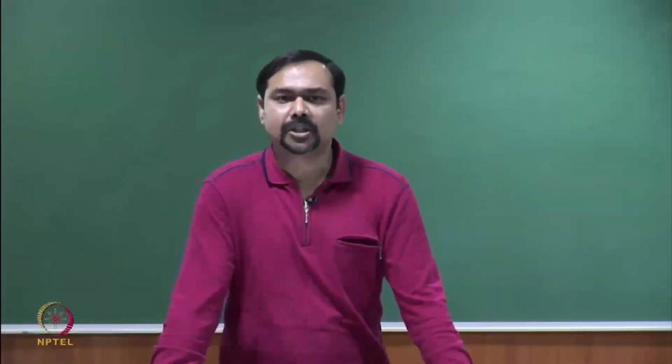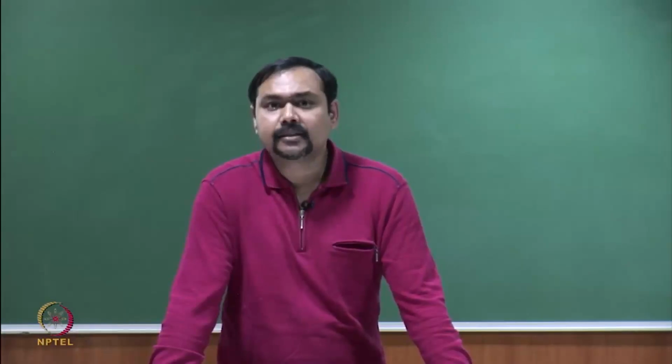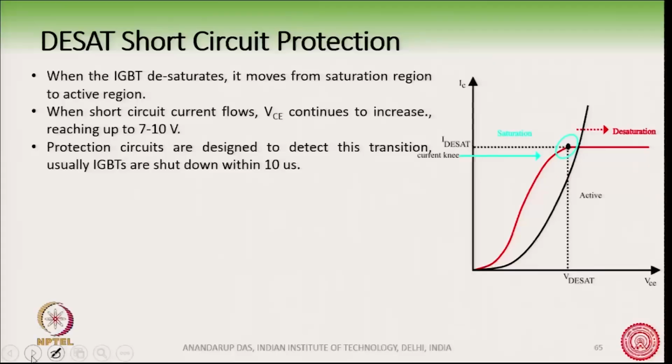What is DSAT? DSAT means desaturation. When a high current flows through the IGBT, suppose this is the IC versus VCE characteristics of the IGBT here, and the characteristics typically looks like this, maybe a slight upward slope here, but more or less like this. Normally the IGBT is operating in the saturation region, because we would like to have the minimum voltage drop across it when it is fully turned on.